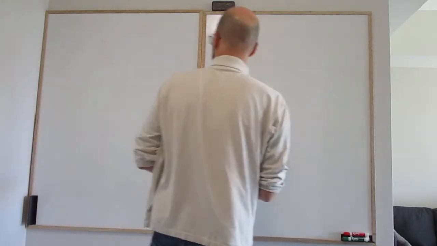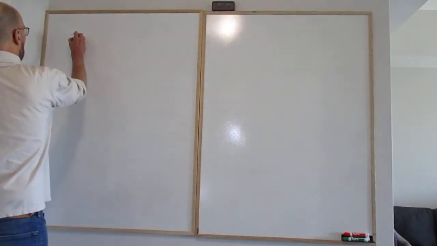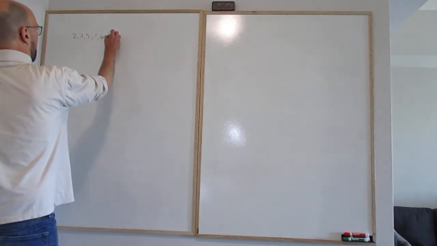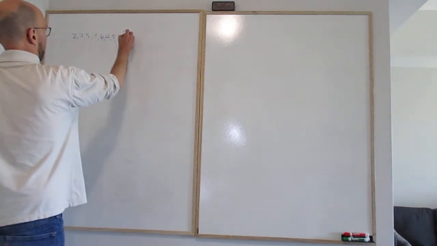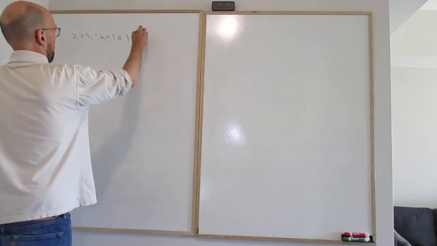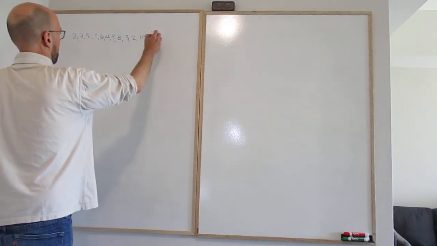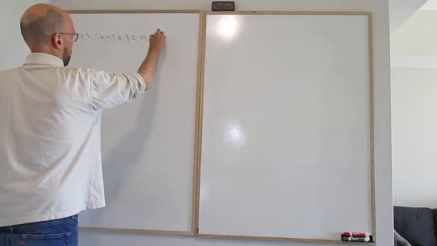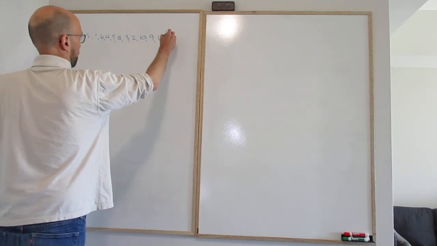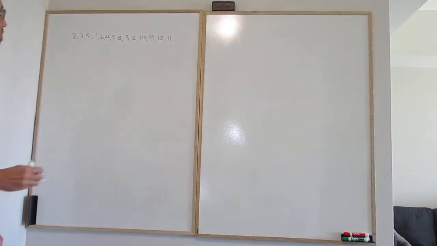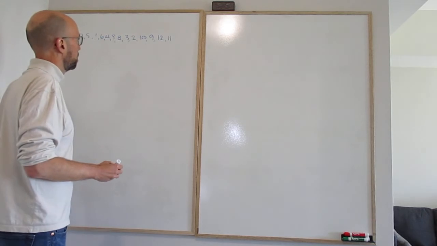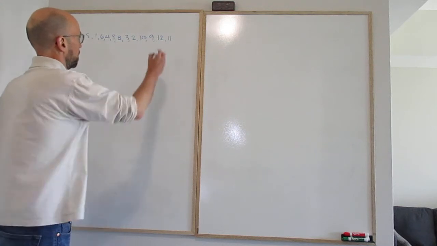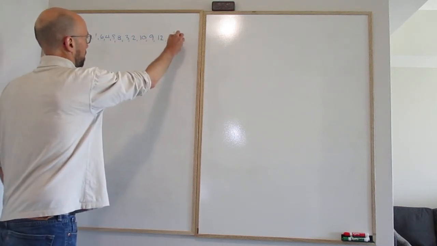You have a sequence of numbers like 2, 7, 5, 1, 6, 4, 9, 8, 3, 2, 10, 9 again, 12. Let's make it 12, just to make it fun.